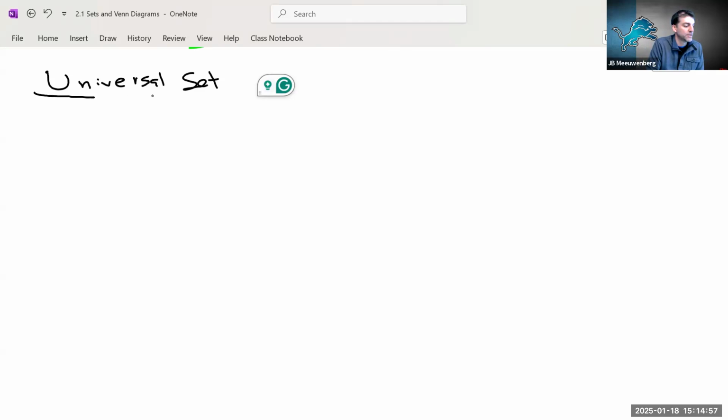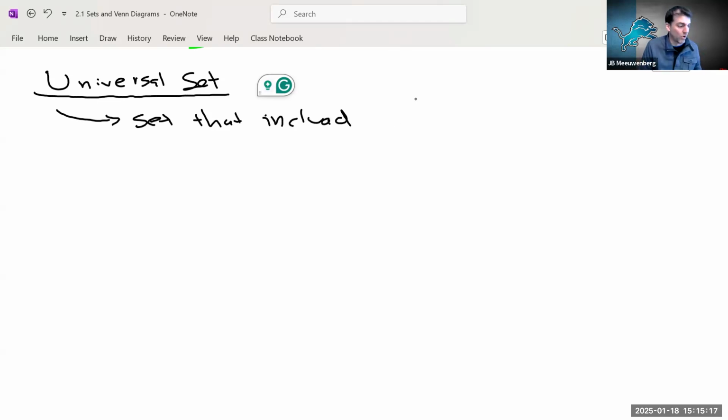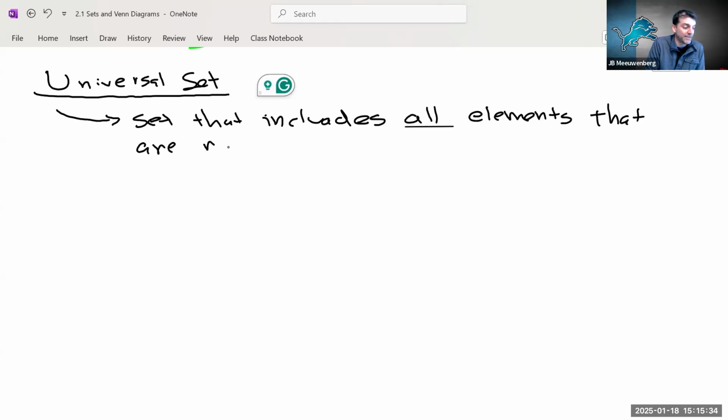The universal set will be different based on the problem you are working with, but it is the set that includes all elements that are relevant to the problem.